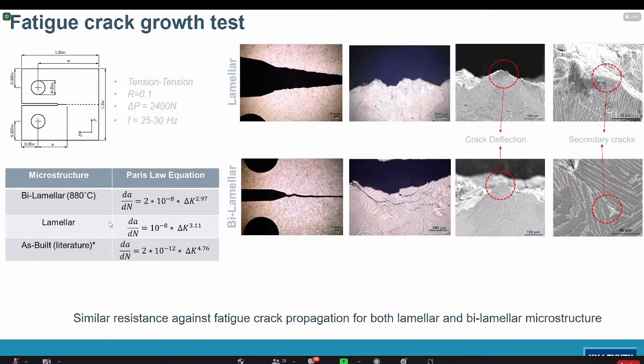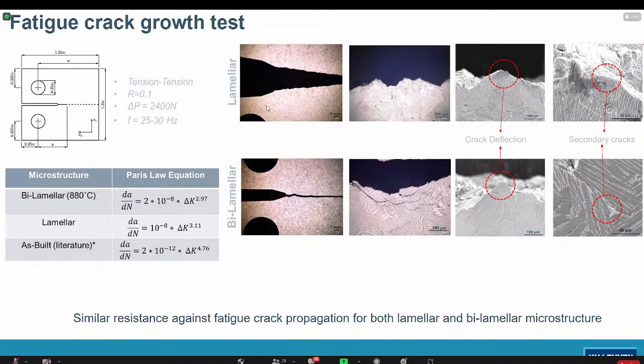If we compare these values for lamellar and bilamellar microstructure, we see the values are significantly smaller than the as-built one. Thus, it says that the crack propagates slower in the heat-treated microstructure as compared to the as-built. But if we compare lamellar and bilamellar microstructure, there is no significant difference.